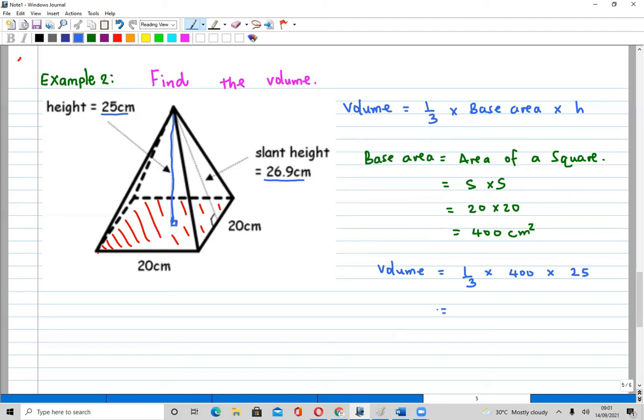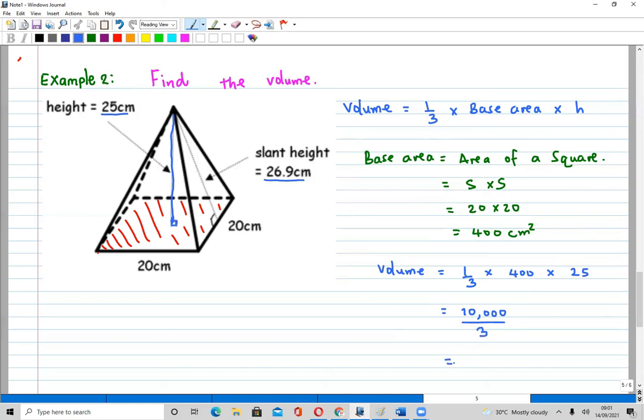You see that? So if we get 400 times 25, we will get 10,000. And 10,000, we will divide by 3.